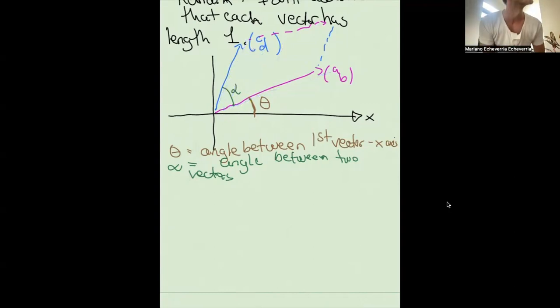What would happen with the area? So the area remains the same actually if you rotate the vectors by the same angle.